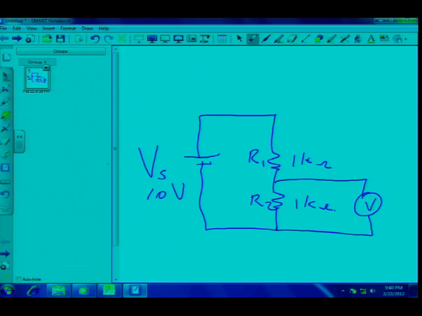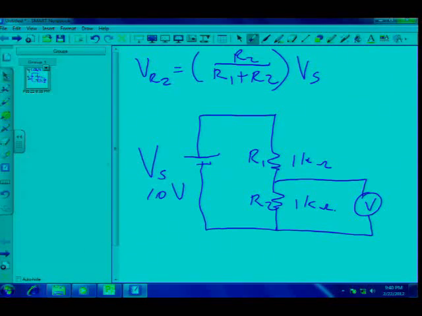What did my voltage divider formula say? VR2 is equal to, the resistor I want to determine the voltage over is R2, so it's on top of the line over the total resistance times my supply voltage, Vs. Looks similar: VB is equal to R2 over R1 plus R2 times VCC is what we had previously.